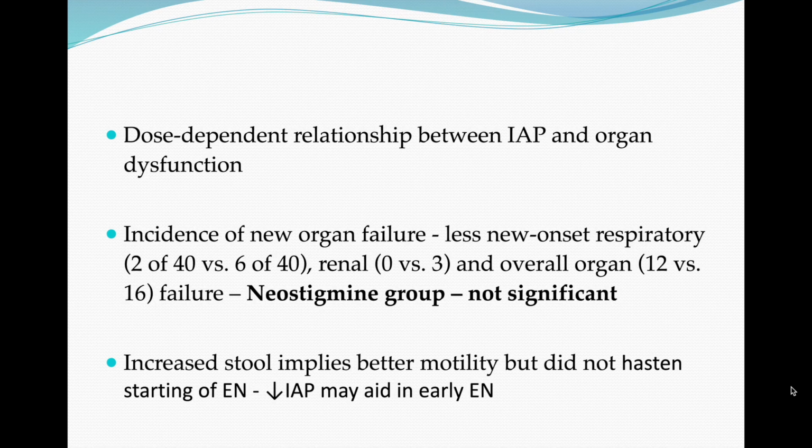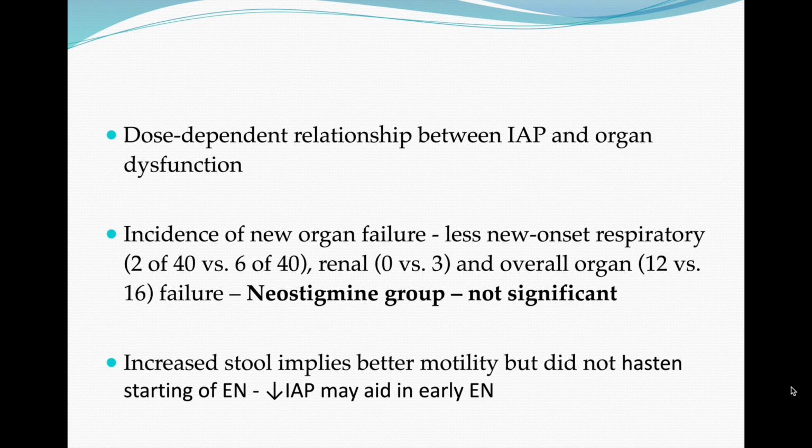Now, the increase in stool volume on day 1 was significantly higher in the Neostigmine group. So this implies better motility, although it did not hasten the starting of enteral nutrition. But since ESICM says that enteral nutrition can be started with an IAP of less than 15, enteral nutrition should be held when the IAP is more than 15.